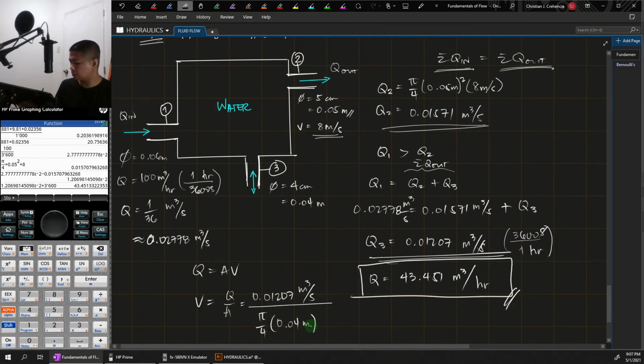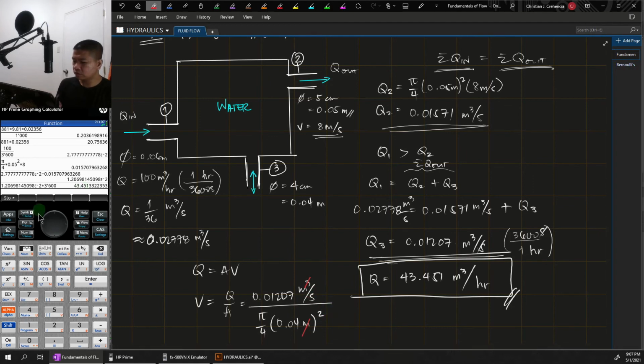So, squared pala to, no? So, pi over 4d squared. Makikita natin na meter cube sa numerator, then meter square sa denominator. So, we can cancel yung dalawa dito, no? So, magiging meter na lang. Meter per second. So, meter cube over meter squared is meter.